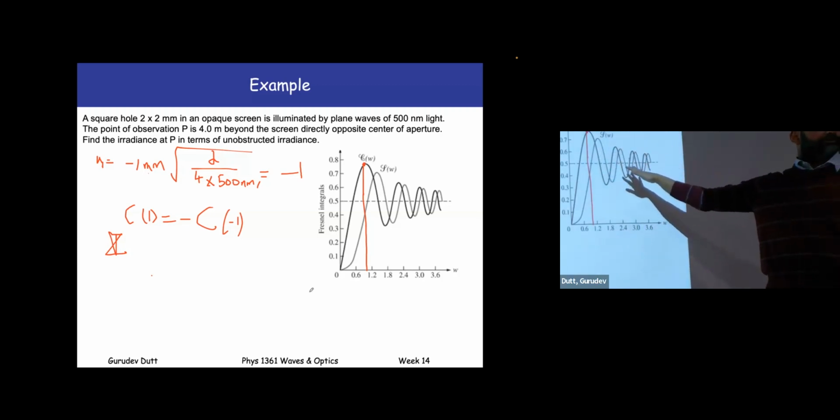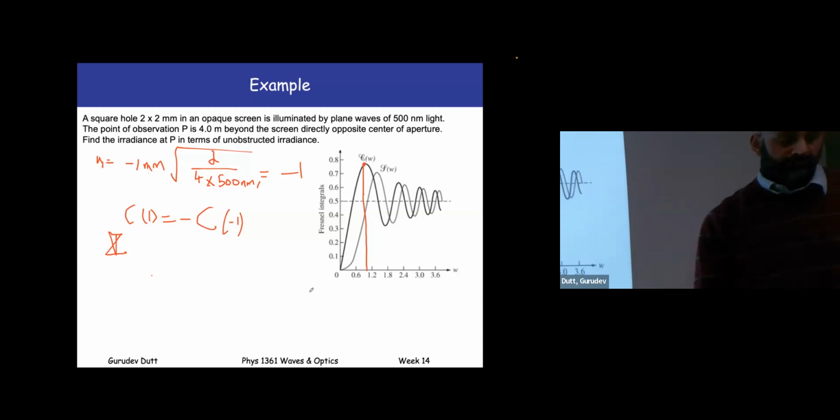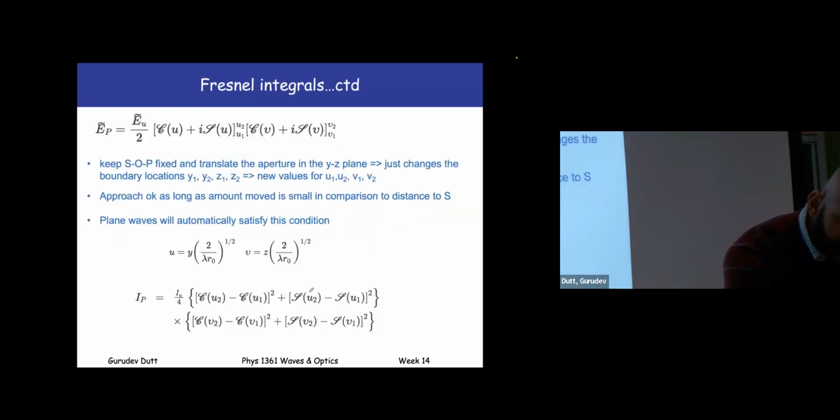How I got these values and how to plug them into that formula? Again, as I said, all I'm doing is calculating C of U2, C of U1, S of U2, S of U1, that's what I just did here.